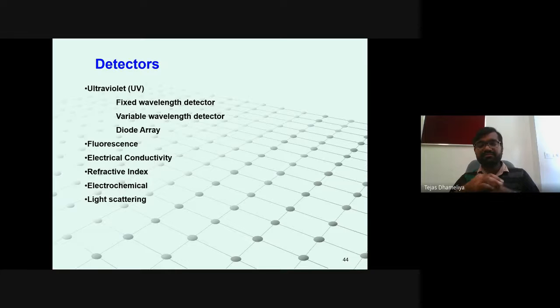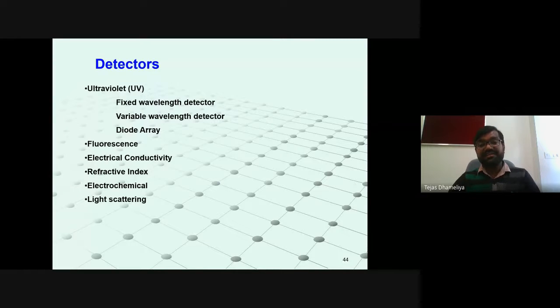Electrochemical detectors, such as potentiometry and conductometry, belong to this kind of electrochemical methods. We can have an anode or cathode, a calomel electrode, or a mercury vapor lamp. These are also kinds of detectors used in HPLC.